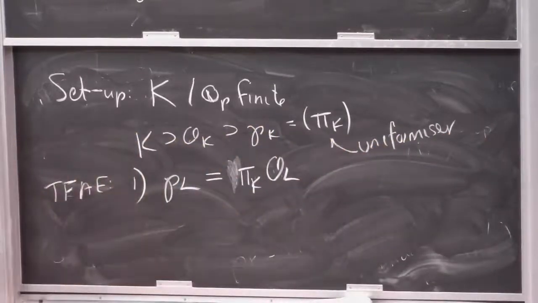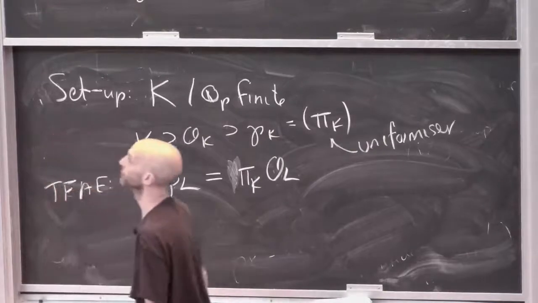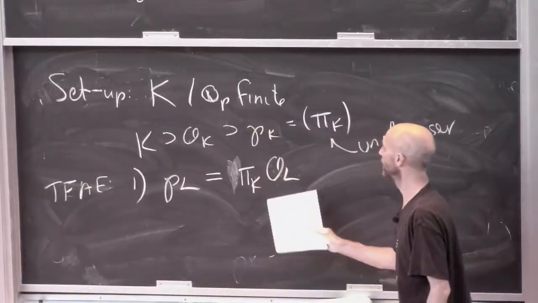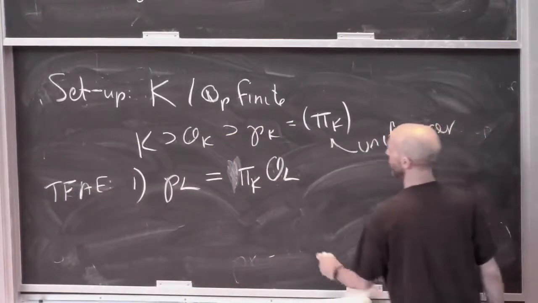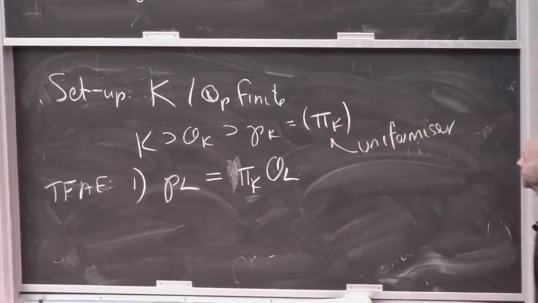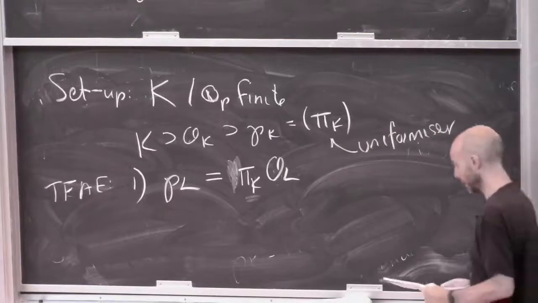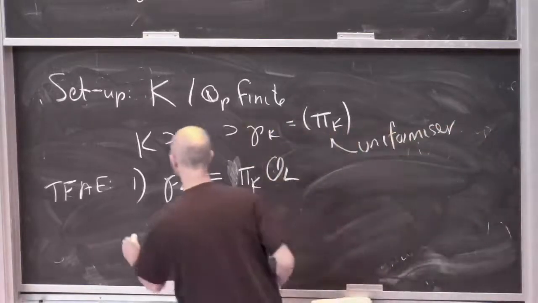Q_p, the integers are Z_p, the maximal ideal is generated by p. Q_p root p, the integers are Z_p root p, and the maximal ideal is generated by root p. So the generator changes. The following are equivalent: the generator doesn't change. The maximal ideal of the integers of L is principal and generated by a uniformizer in K.